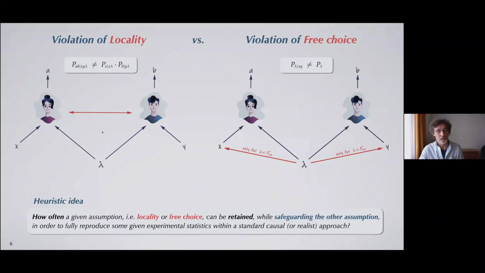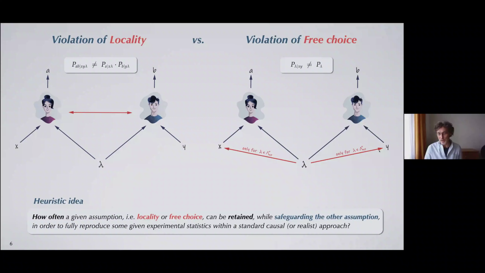So here, for example, if I violate locality, I assume that I would have freedom of choice, so no arrows from lambda to axes, but I will allow sometimes for this arrow to appear. For freedom of choice, I will assume that there is full locality, but I will have to allow violation of free choice, which means those arrows.